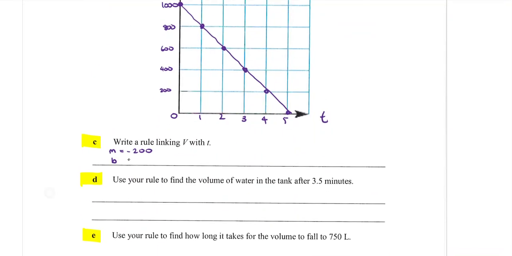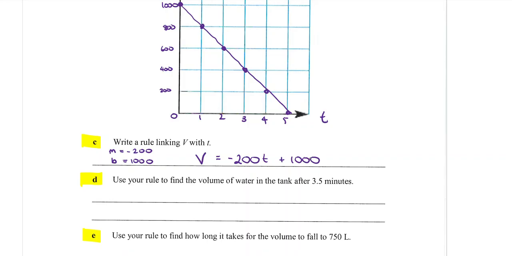Okay, so normally we take those and we go y equals minus 200x plus 1,000. But we don't want to use x and y. We want to use v and t. So mine is going to be v equals minus 200t plus 1,000. It's just changing the letters from x's and y's to v and t.